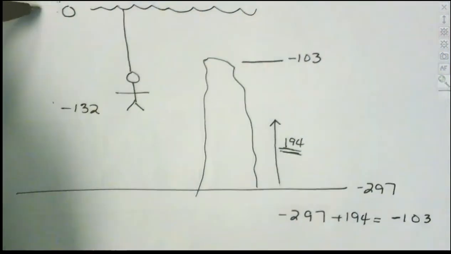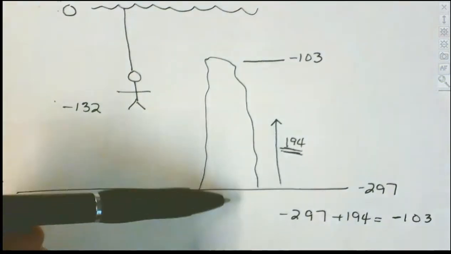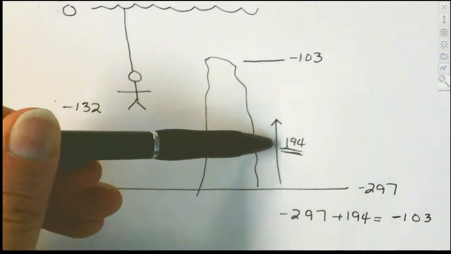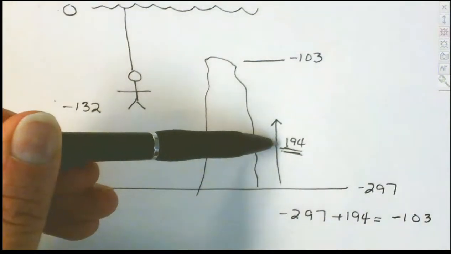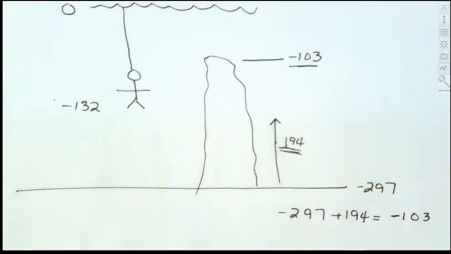So here's the 0, here's my water, here's the bottom of the ocean. We've got this rock that's coming up from the bottom of the ocean, and it goes up 194 feet. So that means that this is actually at minus 103. We've got it all drawn out.